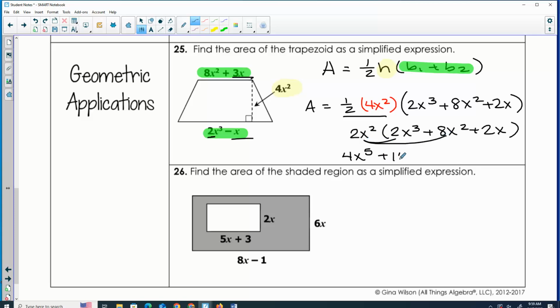So 2 times 8 is 16. X to the 4th. 2x squared times 2x is 4x cubed. We'll do more of those later, but it's just our first time seeing a trapezoid and finding its area.